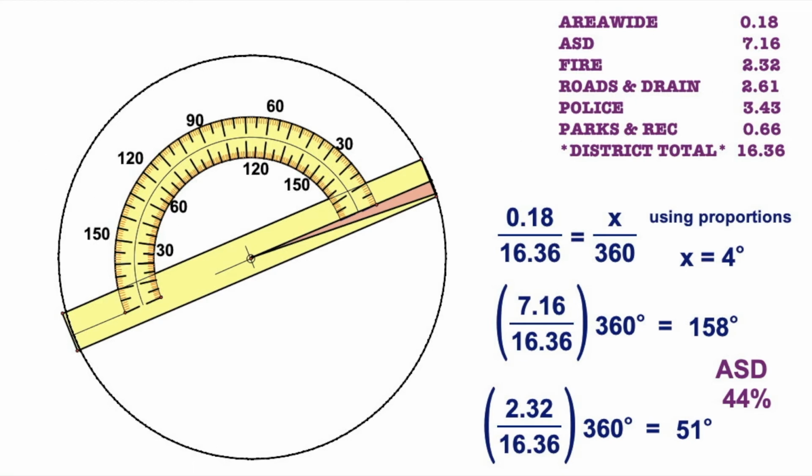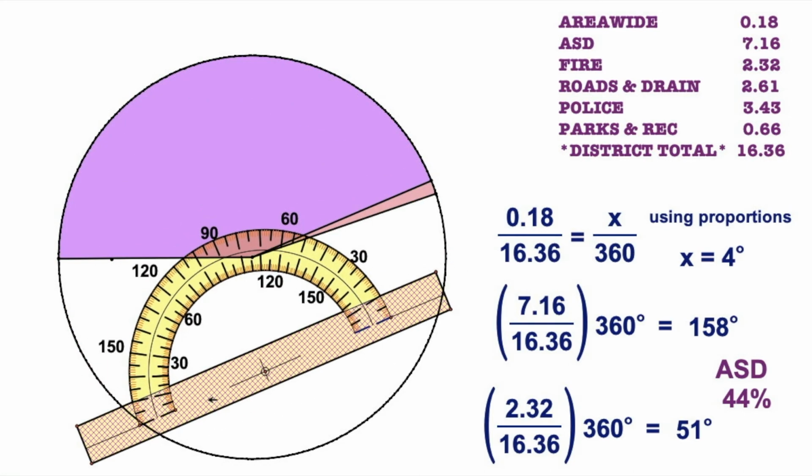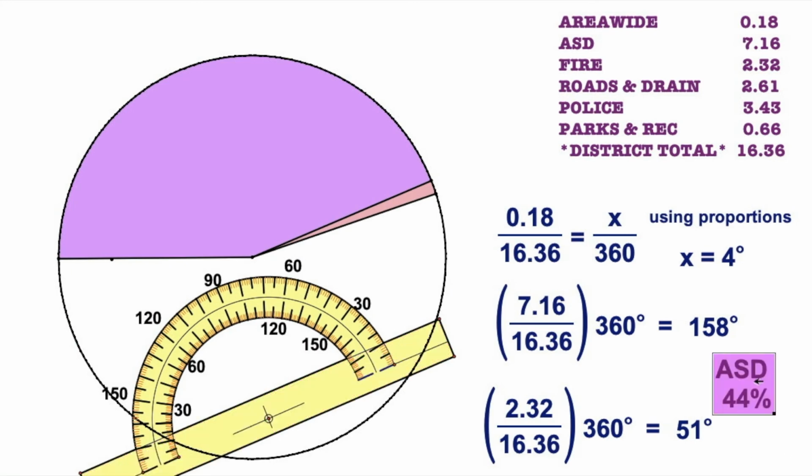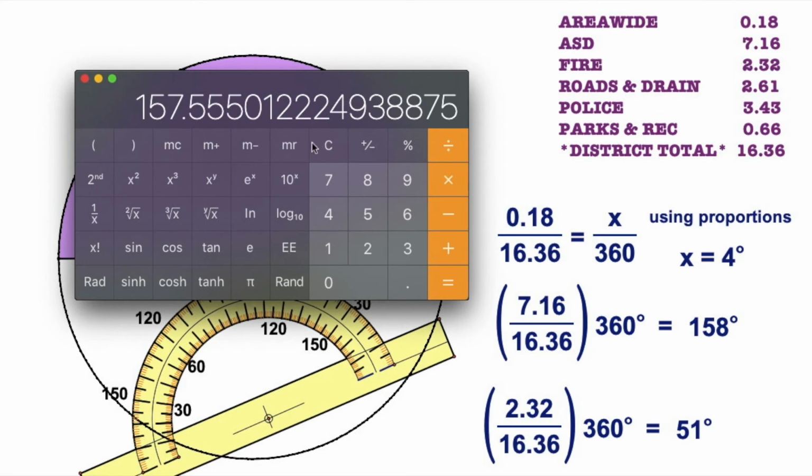It looks like it's right around 158, right there, as close as we can measure. Nicely done. I'm getting lost here, so let's see. Yeah, there it is. Let me move my protractor out of the way, and I'm going to put down there ASD, for all of you outside the state, which stands for Anchorage School District. That's us, that's paying all you rich teachers. Love it. So let's figure out another one.